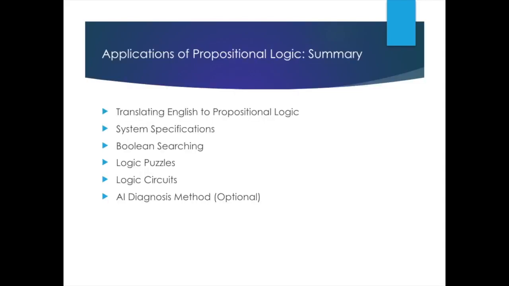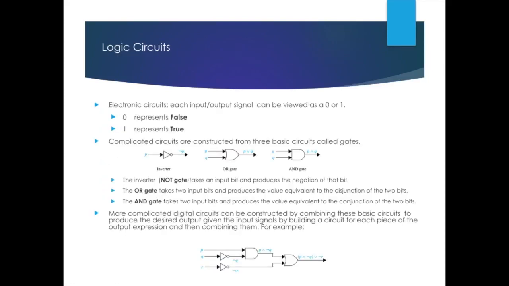One famous application of this science, which is propositional logic, is translating English to propositional logic, system specification, Boolean searching, logic puzzles, logic circuits, the ones we use in computers, and diagnosis methods. And this is an example just to remind you that this is the same as the AND gate and OR gate you studied last semester.